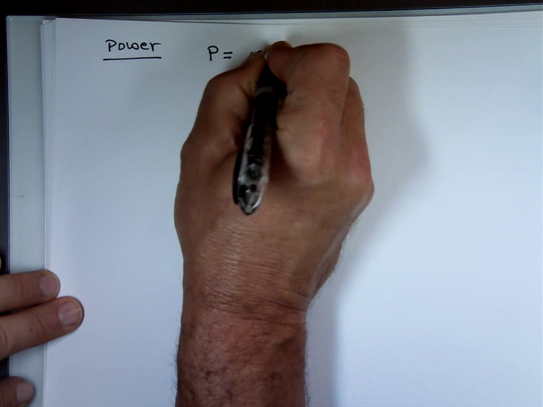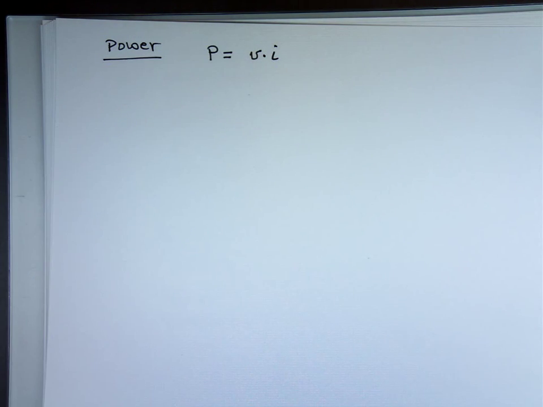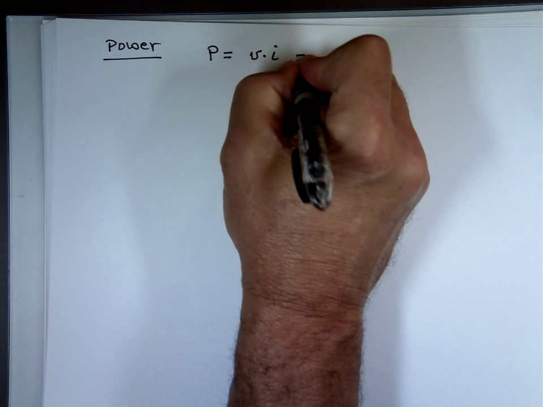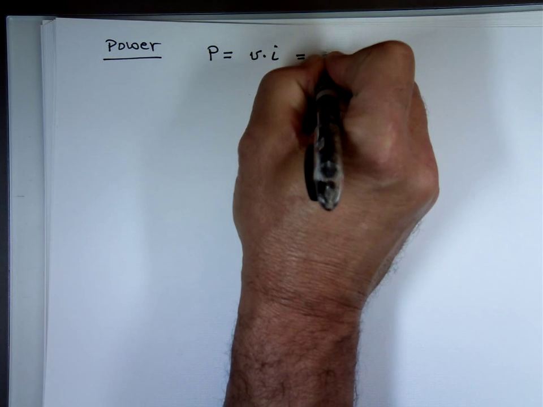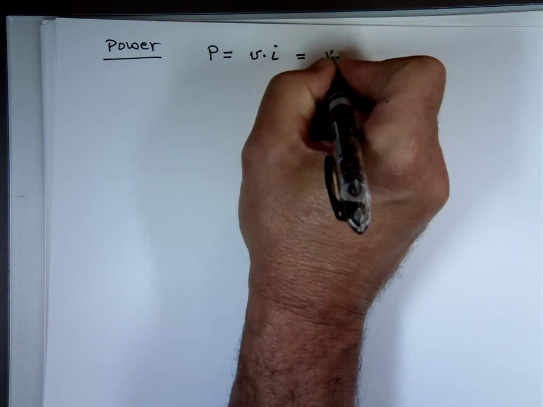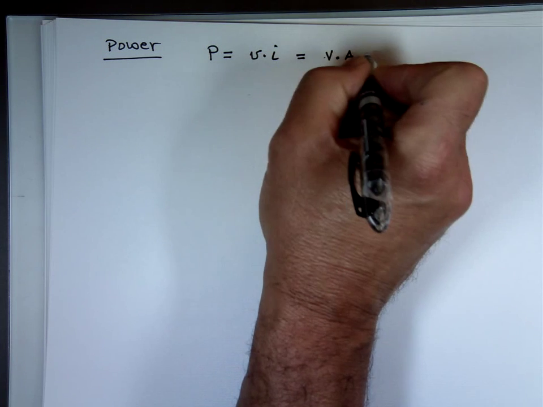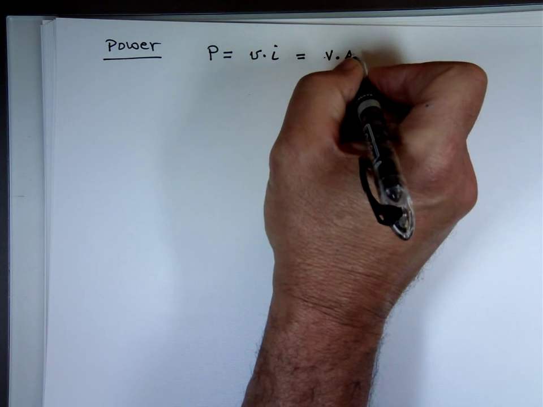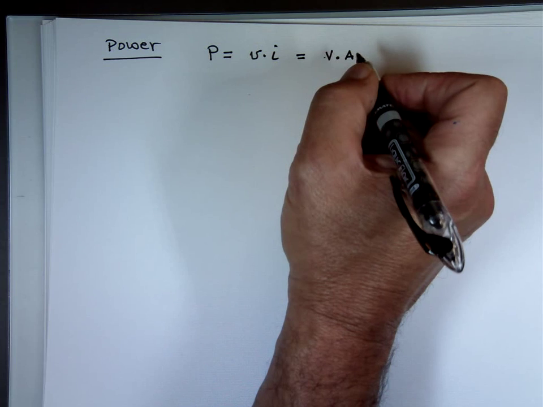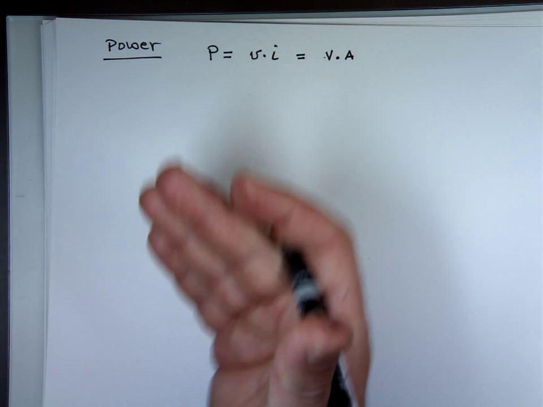V times I. And what is the unit for voltage? Volts, right? What's the unit for current? Amps. So it's VA. But instead of saying VA, James Prescott Watt did a lot of work on power, so we decided to call the unit watts.